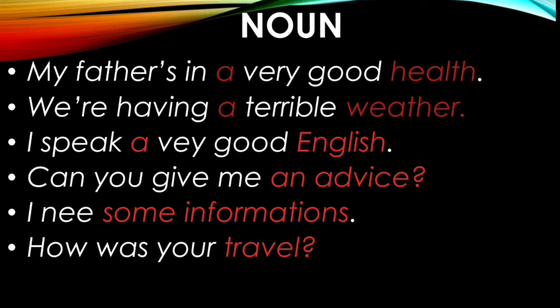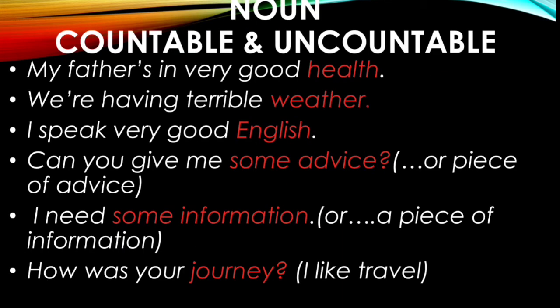So we can measure some nouns. We can't count some nouns. Some countable, uncountable nouns become wrong when we use them. I need some information. I need some informations is wrong. Or a piece of information.